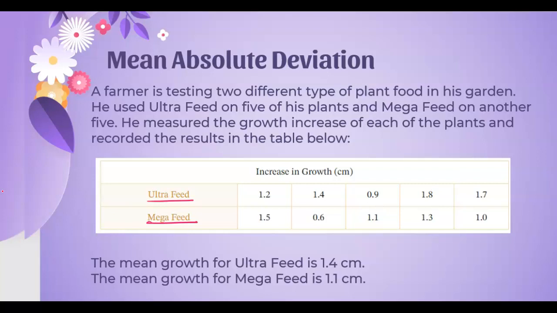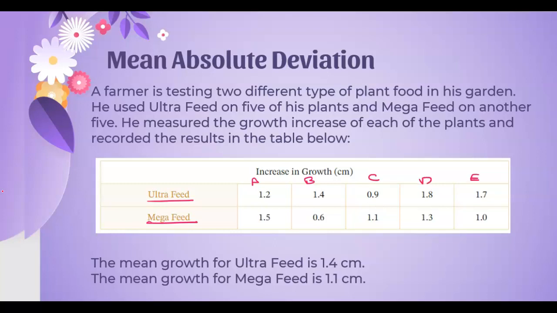So when he used ultra feed, the plants increased 1.2 centimeters, 1.4 centimeters, 0.9, 0.8, 1.7. This was plant A, plant B, plant C, D, and E.